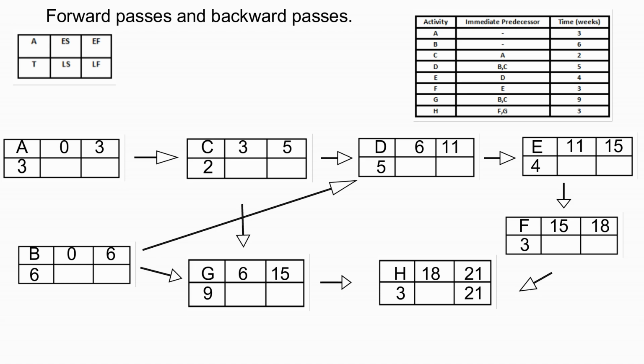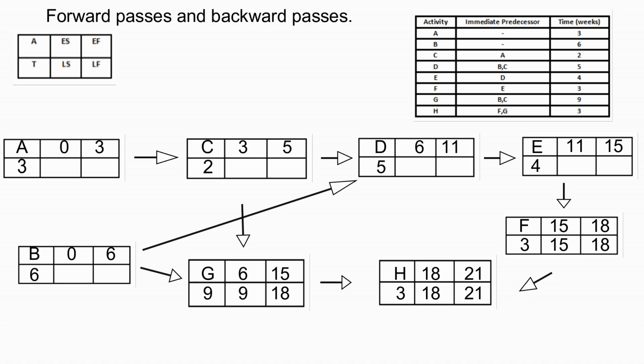To get the latest start, we take 21 minus 3 and get the latest start, which is 18. Move backward to F and G. For F we take 18 from the latest start, so 18 minus 3 equals 15. And for G, 18 minus 9 we get 9.